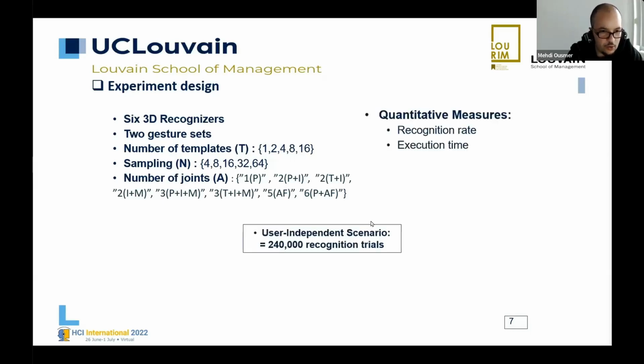So the total number of recognition trials is 240,000 trials performed in a user-independent scenario. We collected the test results through 2 quantitative measures, which are the recognition rate and execution time.